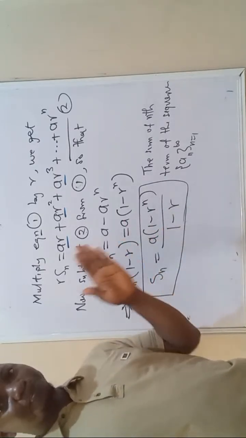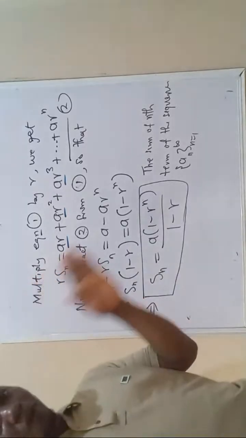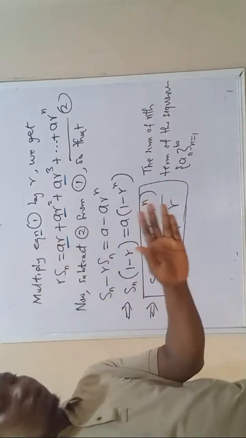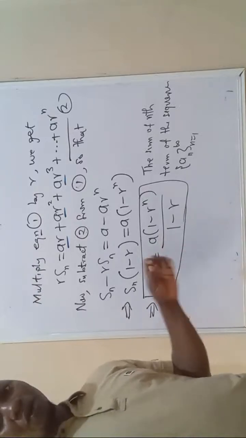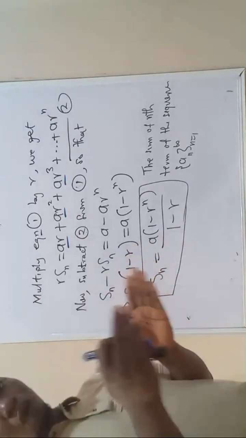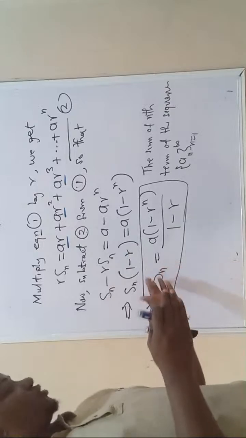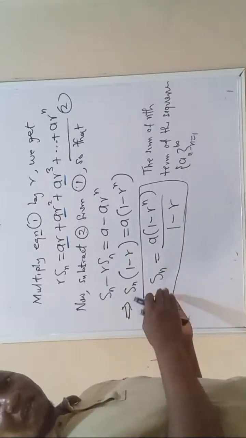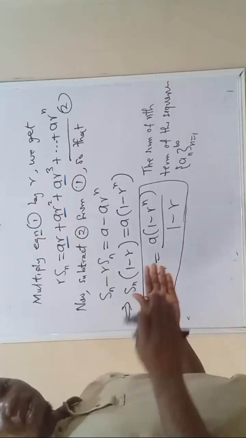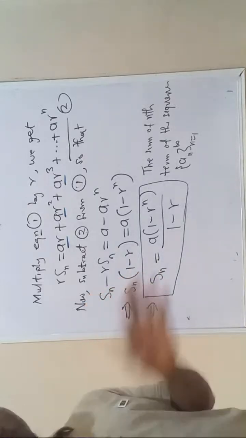Now, since r equal to 1 gives us a boundary for this formula, we say from 0 to 1, we want to see what is happening to this sum of series, and from 1 to infinity, we want to see what is happening.